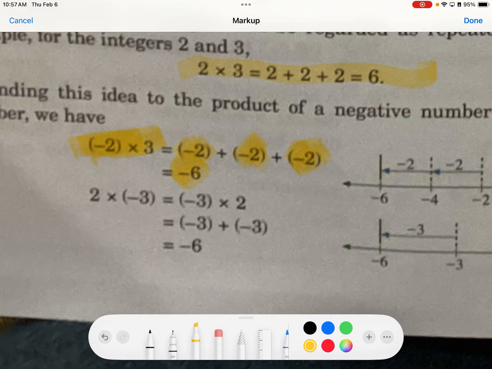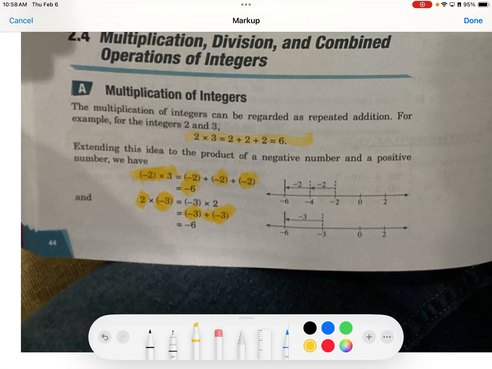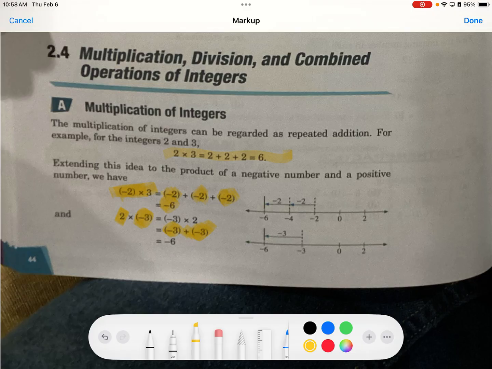Now, if we switch, positive 2 times negative 3, we end up with negative 3 plus negative 3, so it's negative 6. So basically, if either one of those integers is negative, your answer is going to be negative. And you can see this played out in this number line if you need to.